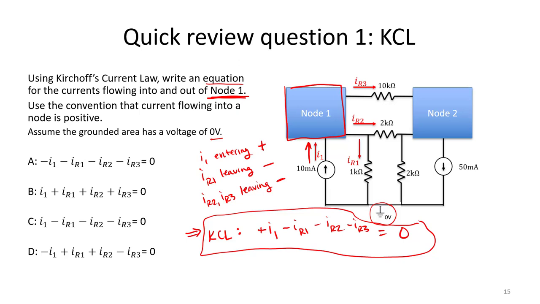So if you look at our answer choices, let's see what we get. Well, definitely not choice A, definitely not choice B. How about choice C? Yeah, look at that. We've got positive I1, the other 3 are negative. Correct answer here is choice C.